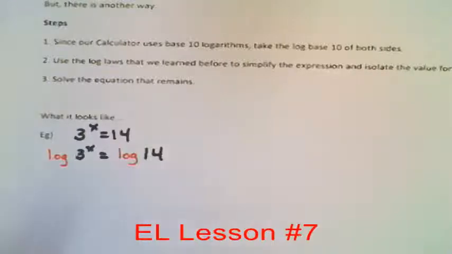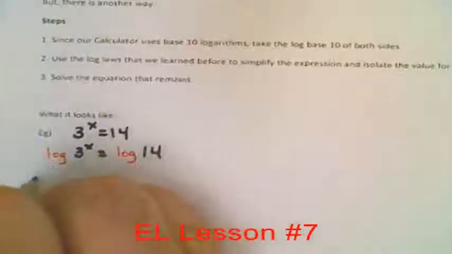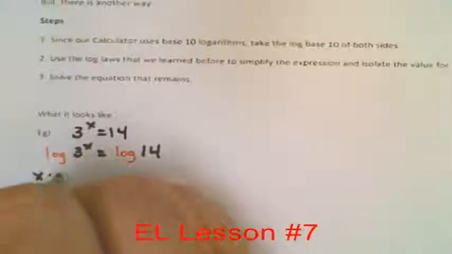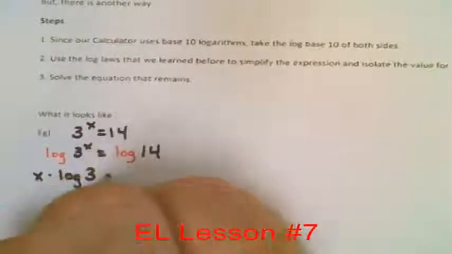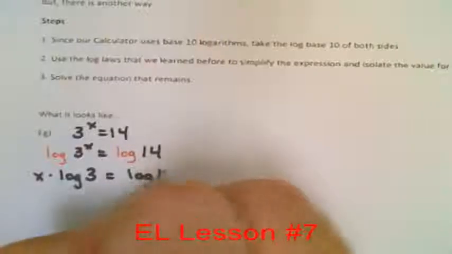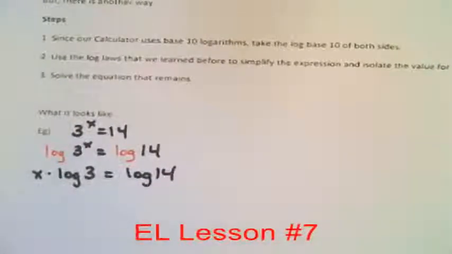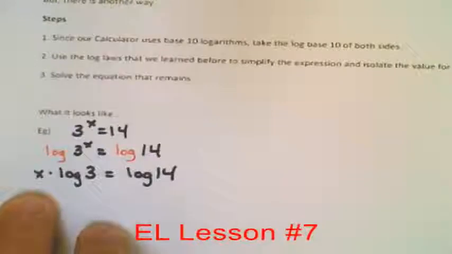Now, how this is helpful is once I'm comfortable with the log laws, I know that the log of 3 to the power of x, that third law allows me to move that exponent down or back up. So I'm going to bring it back down. So I'm going to get x times the log of 3 equals the log of 14.